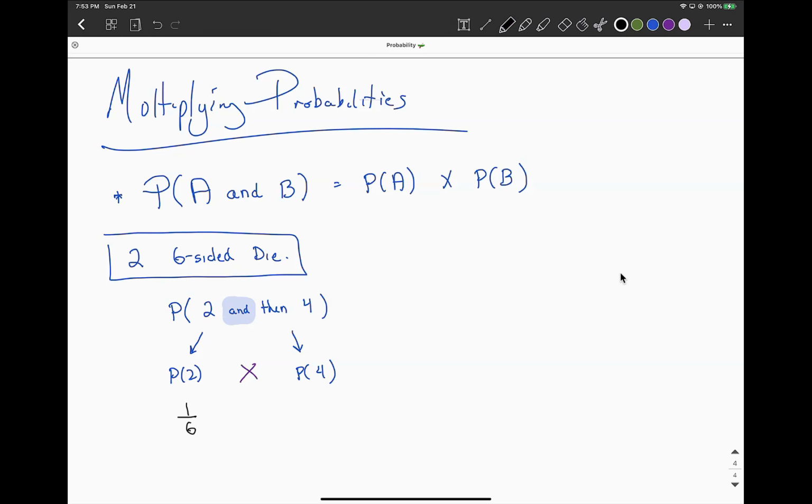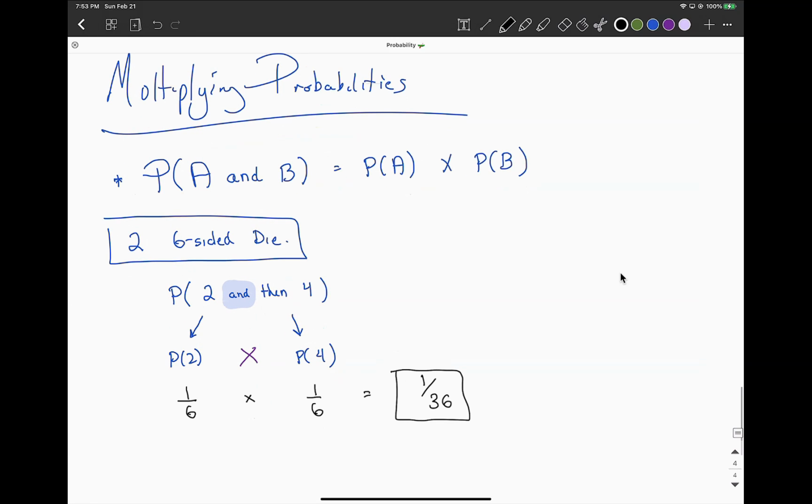There is a 1 out of 6 chance, and then a 1 out of 6 chance, and together that's a 1 out of 36 chance of rolling something very specific. It would have been identical had we gone through the laborious process of showing 1 through 6 and 1 through 6, and then locating that specific outcome, where you roll a 2 on one die and a 4 on the other.